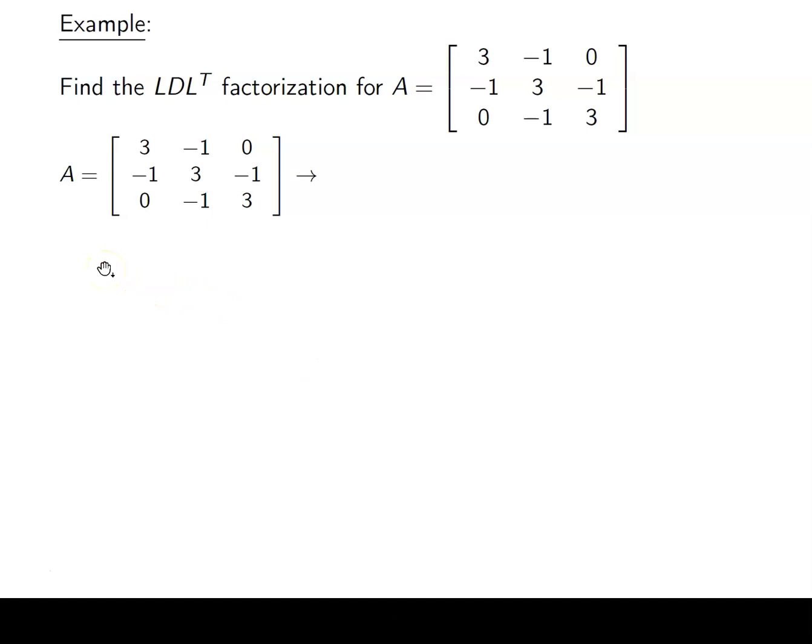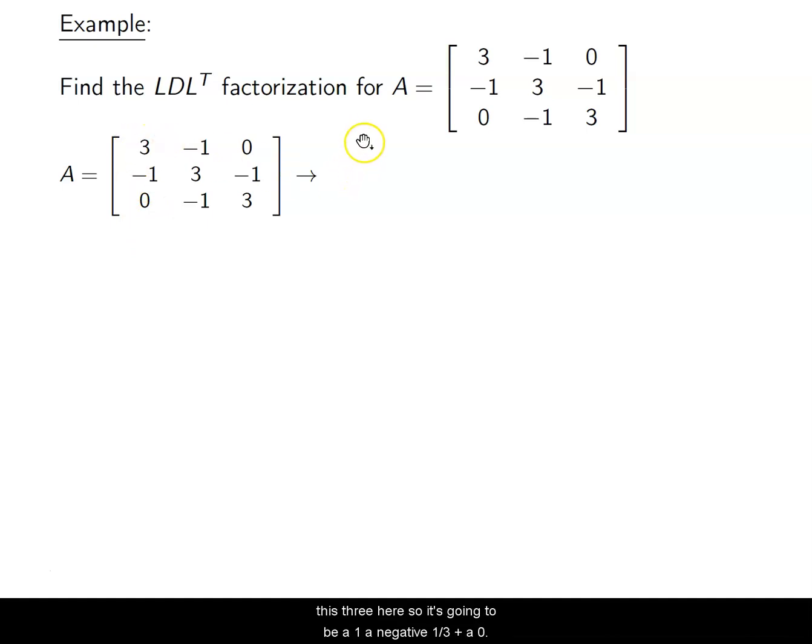So I'm going to take A and I'm going to build L at the same time as we build A, right? So remember, what do I do first? My first column vector of L will be this column vector divided by what's in the first pivot position. So it's going to be this thing all divided by this 3 here.